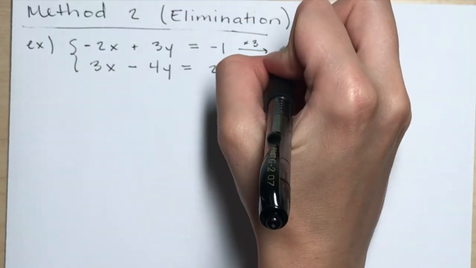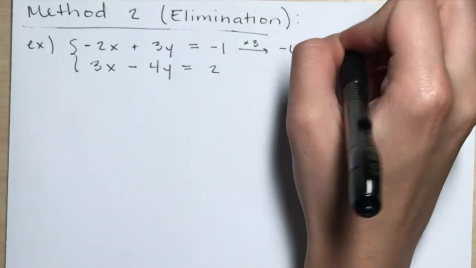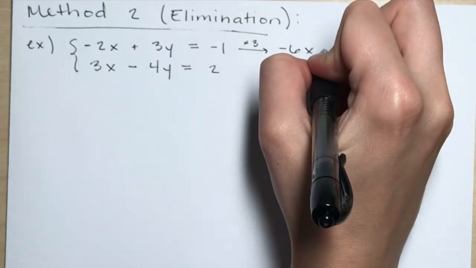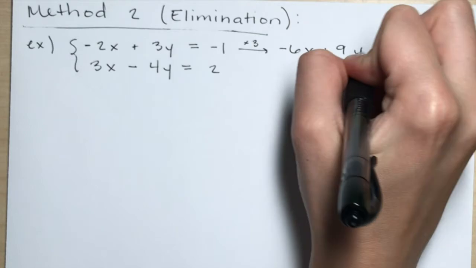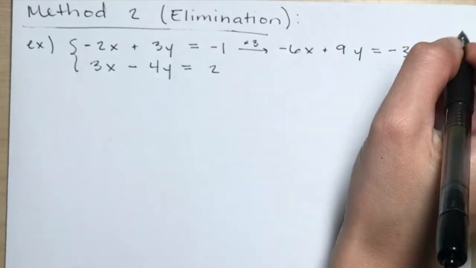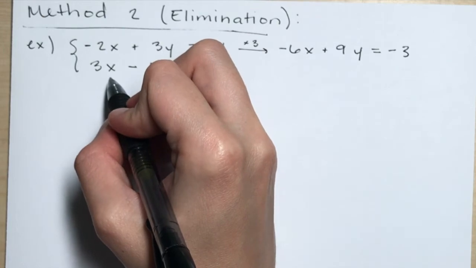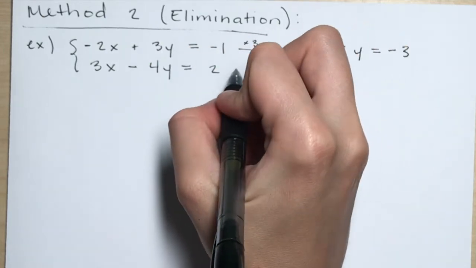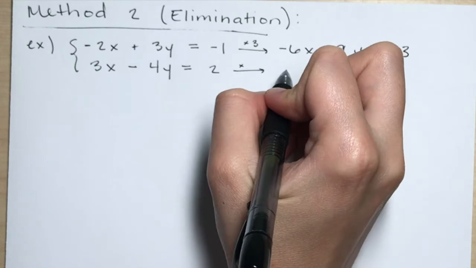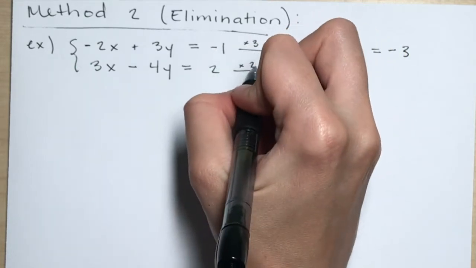So I multiply this times 3, I get -6x + 9y = -3. What can I multiply this guy by to get positive 6x? 2.